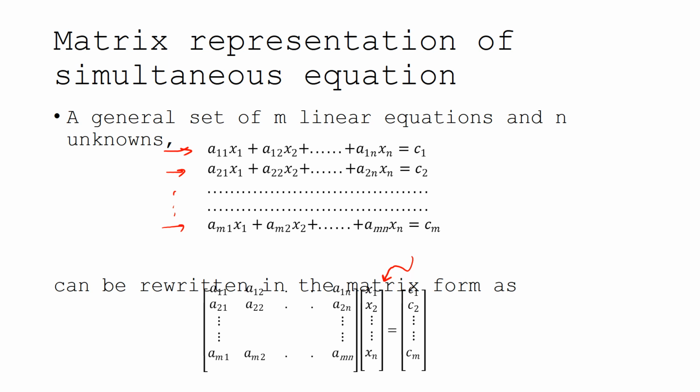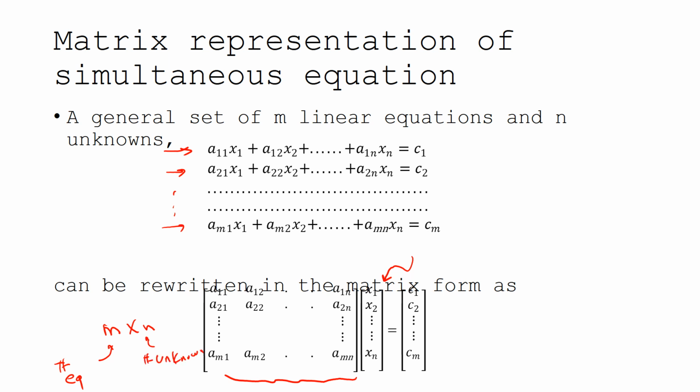So here our parameters are x1, x2 through xn. In our circuit class, those will be voltages and currents that we'd like to solve for. And then we're going to have a matrix. This matrix will have a size of m by n. M is the number of equations, and n is the number of parameters or unknowns.